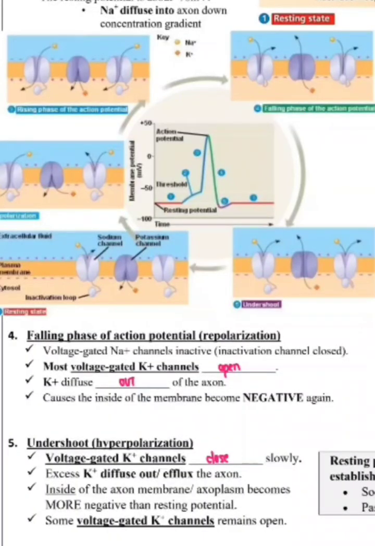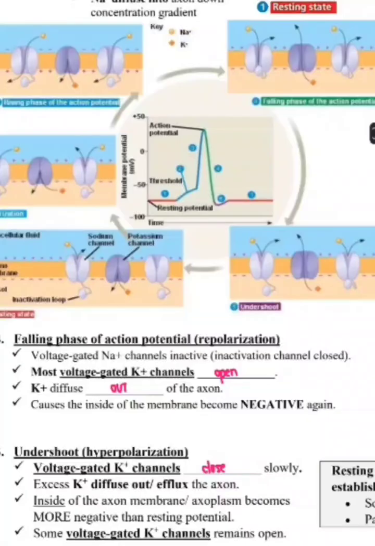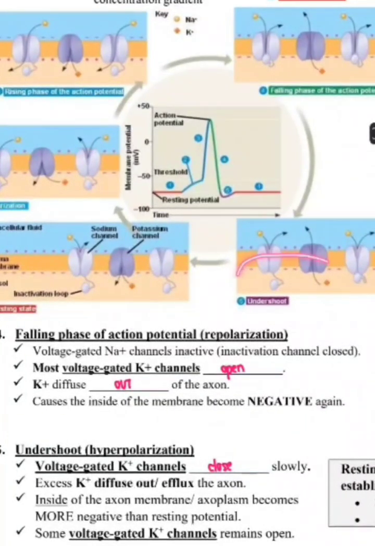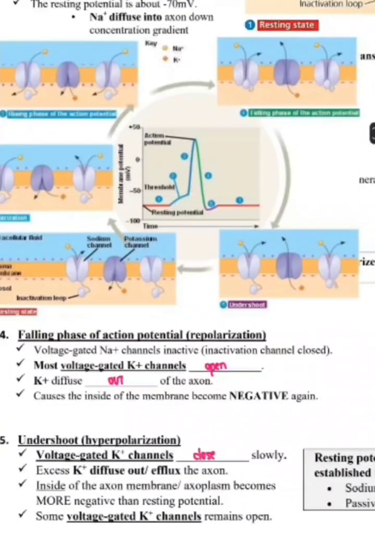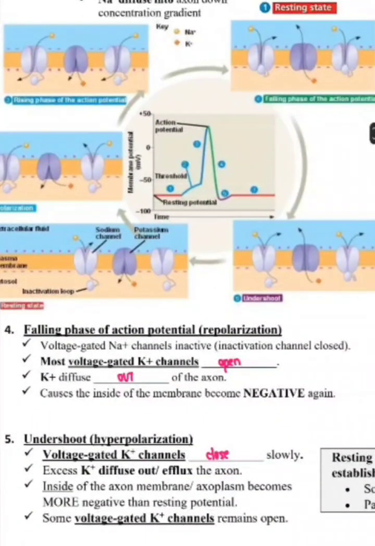So there are still some voltage-gated K+ channels that are open. The excess K+ will diffuse out of the axon. So here will be more negative and here will be more positive. This is hyperpolarization.